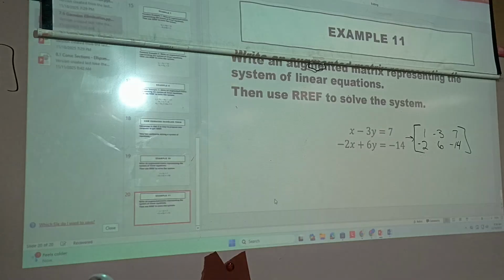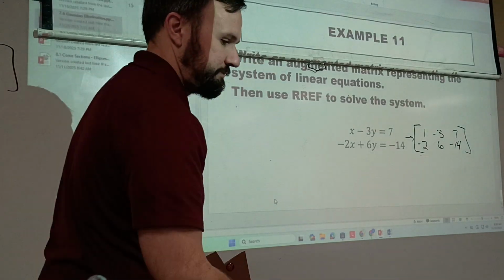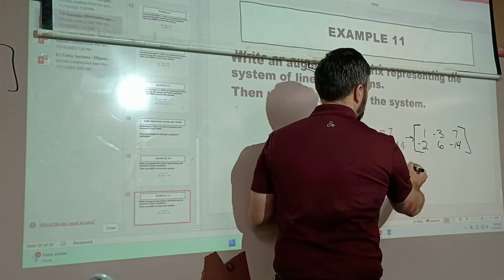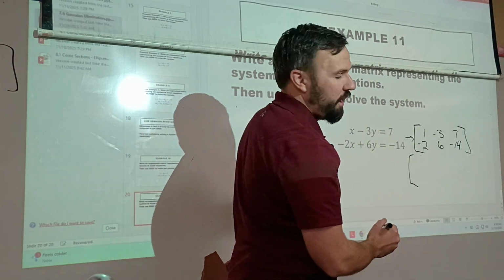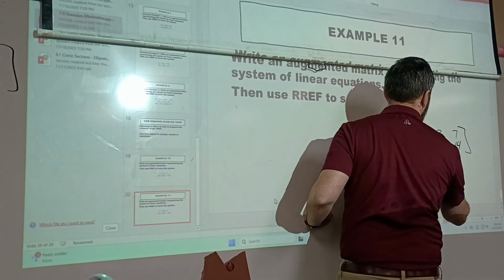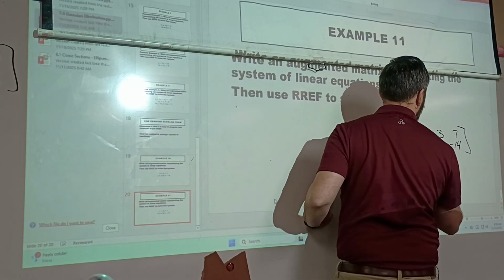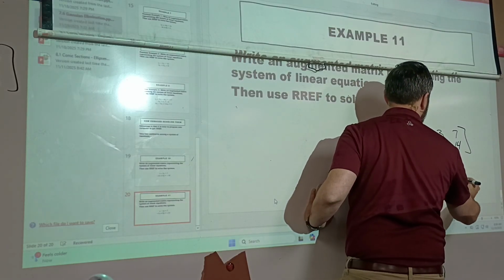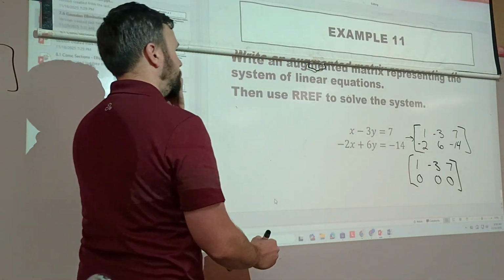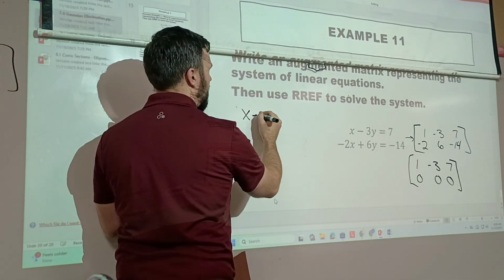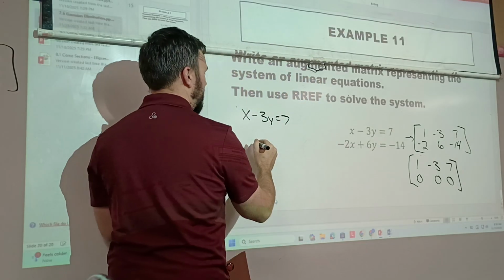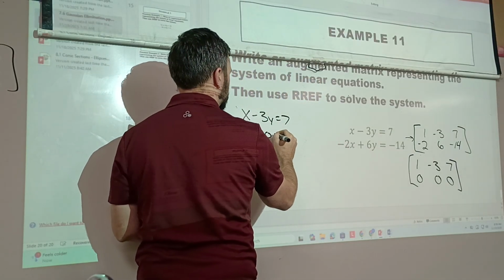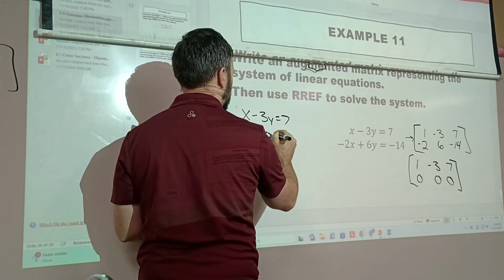Do you guys trust my ability to reduce row echelon form? When I reduce row this, I got 1, negative 3, 7, and 0, 0, 0. Now what that told me is x minus 3y equals 7, and 0 plus 0 equals 0.